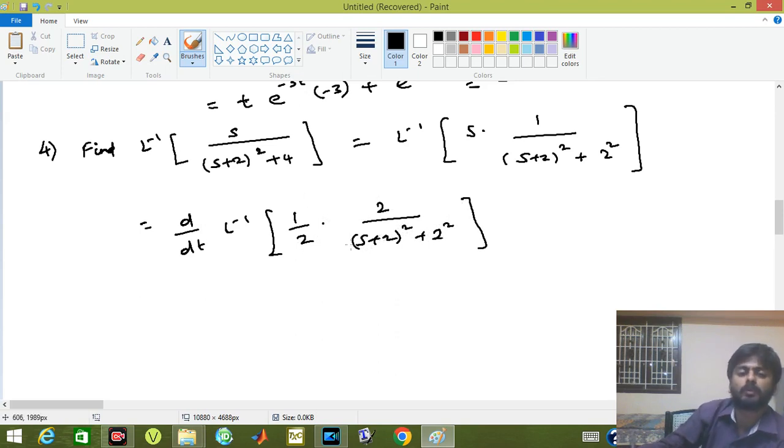Okay, now you have to take d by dt of, here you are having s plus 2 the whole square.